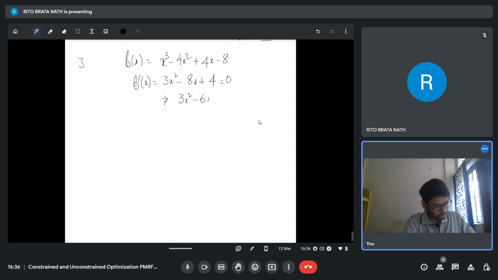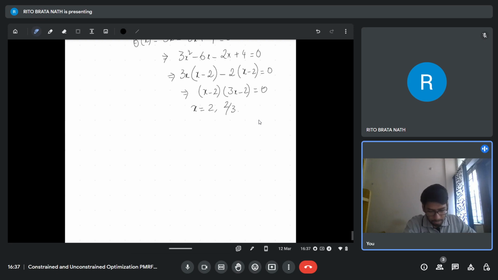Now it's 6x minus 2x plus 4. So you'll have 3x minus x minus say 2 minus 2 x minus 2 equals 0. So from here you will get x minus 2, 3x minus 2 equals 0. So x is either 2 or 2 by 3.